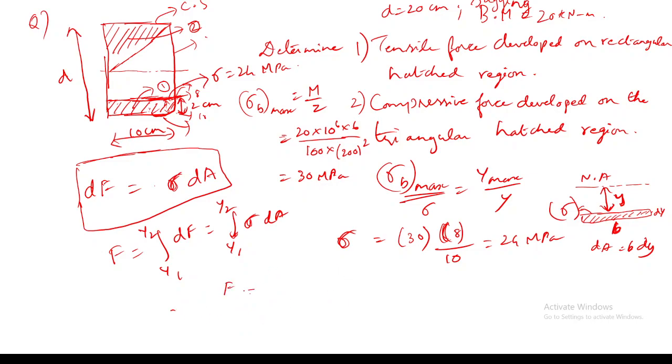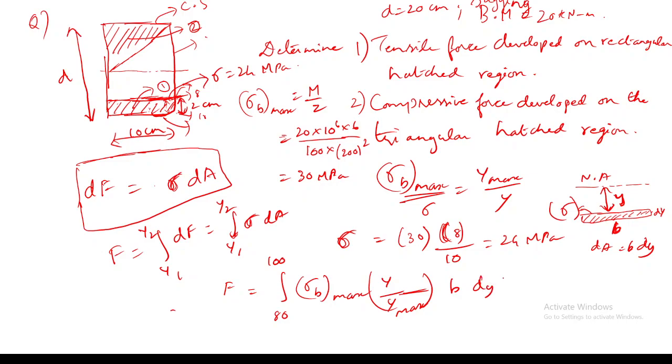So F is equal to the integration from 80 to 100 of sigma b max into y by y max, into dA. And what will be the value of dA? It will be b into dy. Correct or not?